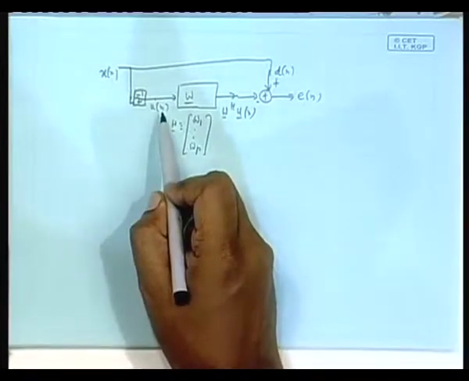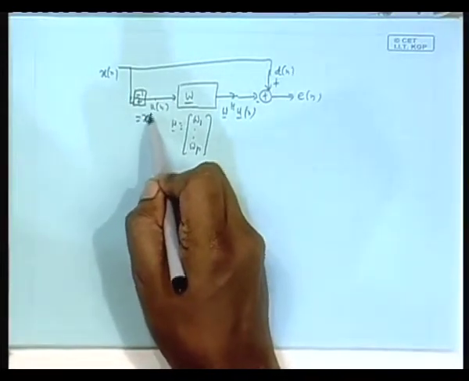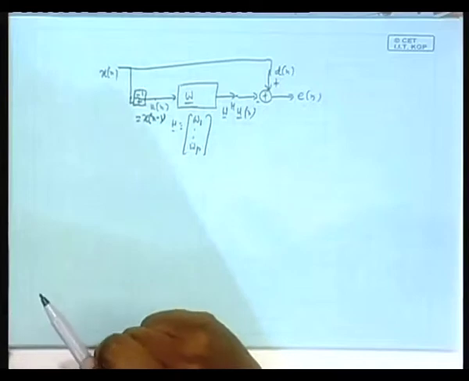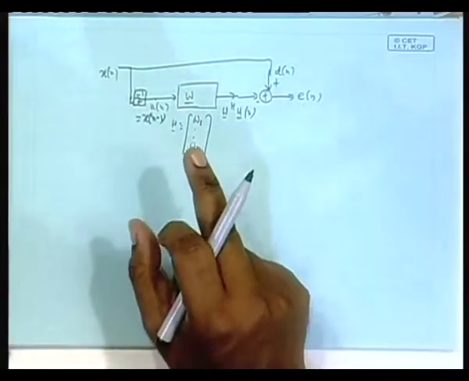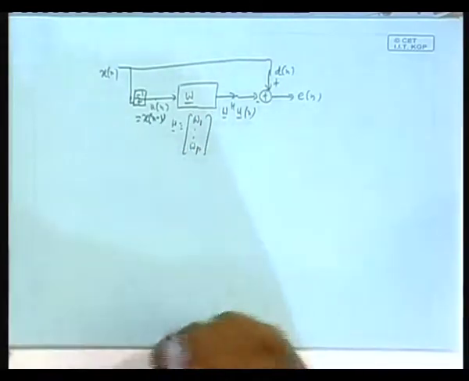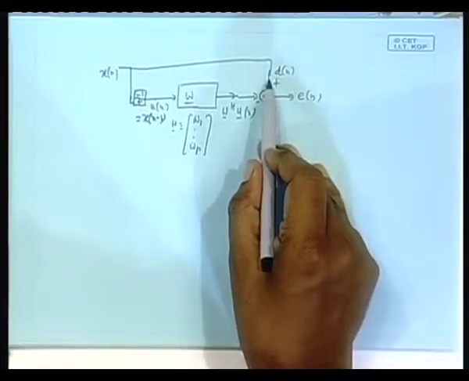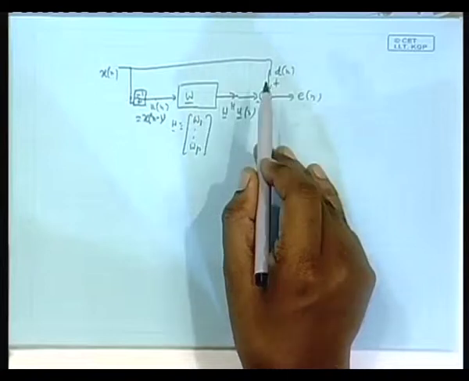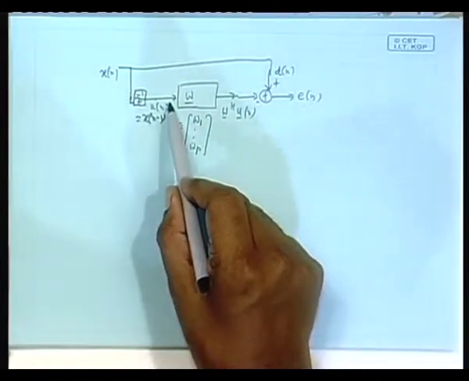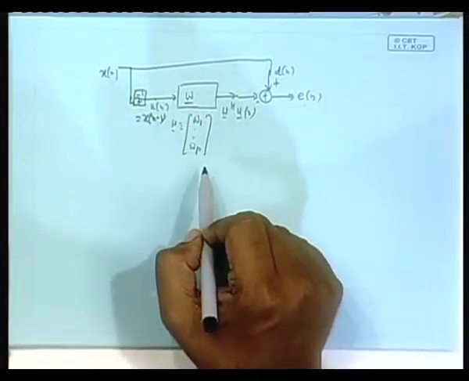So Un is nothing but xn minus 1. What is this optimal filtering problem here then? You are estimating xn from xn minus 1, xn minus 2 up to xn minus p.